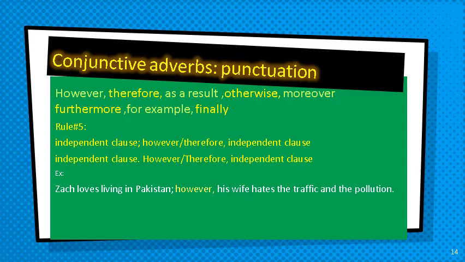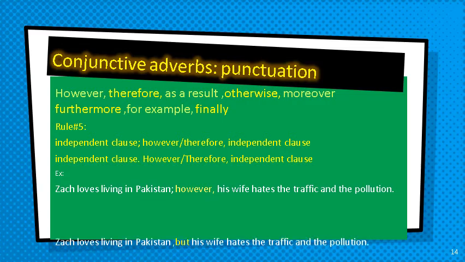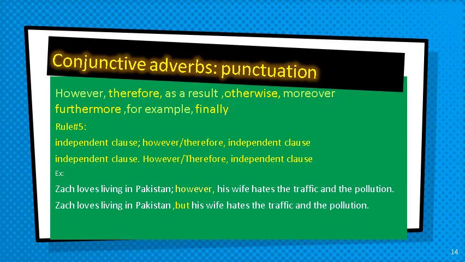For example, Zach loves living in Pakistan. However, his wife hates the traffic and the pollution. It could be written in this form as well: Zach loves living in Pakistan, but his wife hates the traffic and the pollution. Here we have replaced however with but.